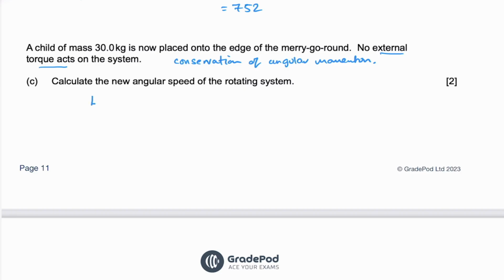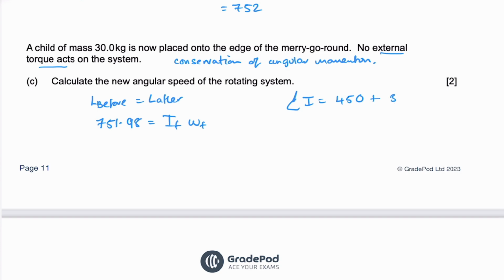Okay, so L before equals L after. And we know that L before is equal to 751.98, let's just use the very accurate number, equals the moment of inertia after times the angular speed after. The moment of inertia after. Right, well, we know that the moment of inertia before was 450, but now we have to add on the moment of inertia of the child.